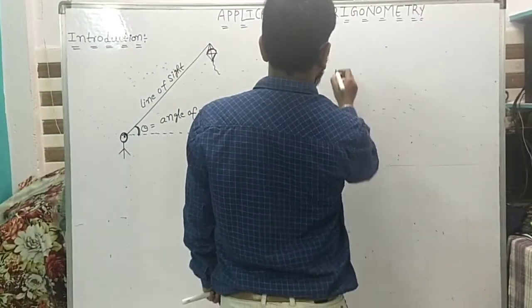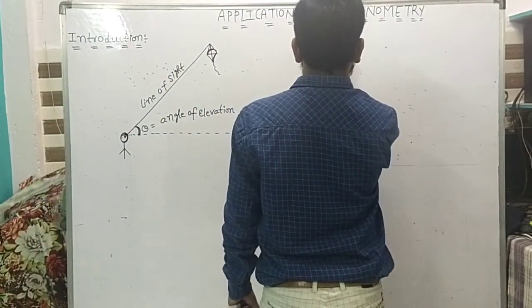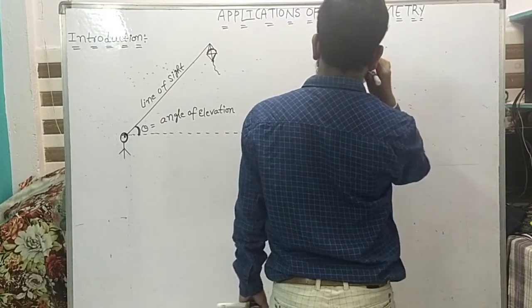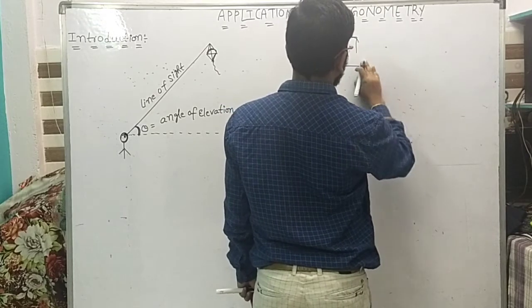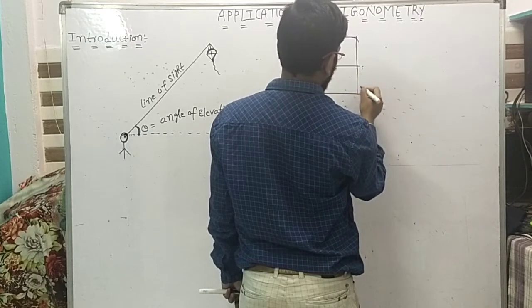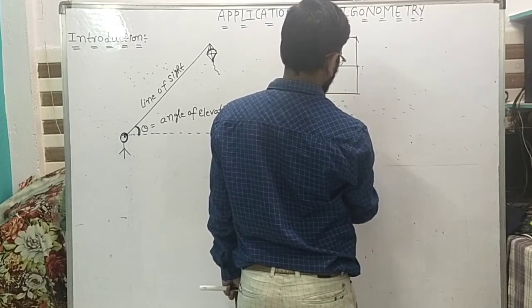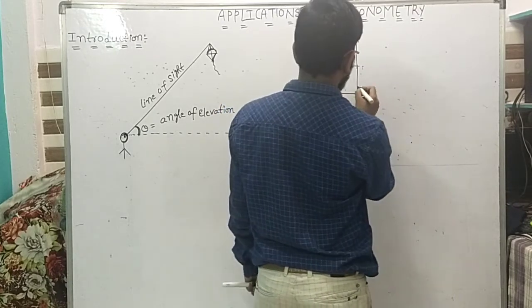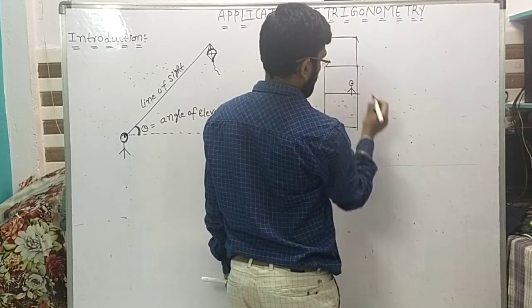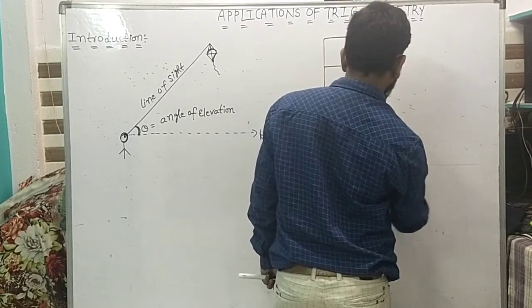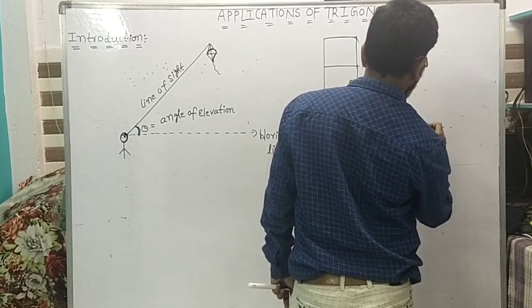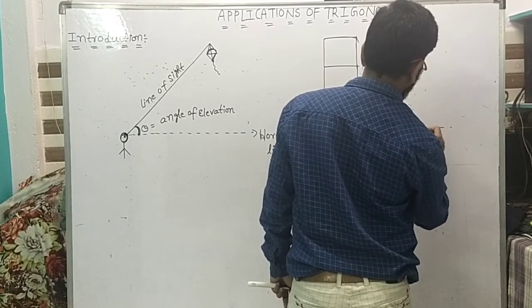Next, similarly, a girl who is on the first floor, seeing from her balcony. This is the ground floor.